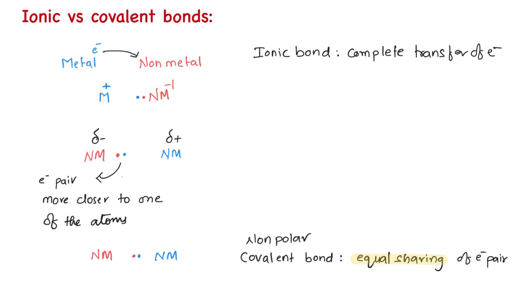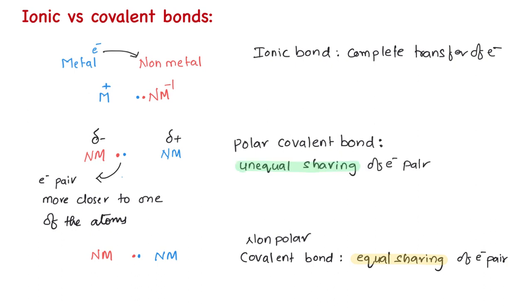These partial charges on bonded atoms are referred to as poles, that is, positive and negative poles, and the bond is referred to as a polar covalent bond. The polar covalent bond involves unequal sharing of electrons, that is, the shared electron pair is closer to one of the atoms.